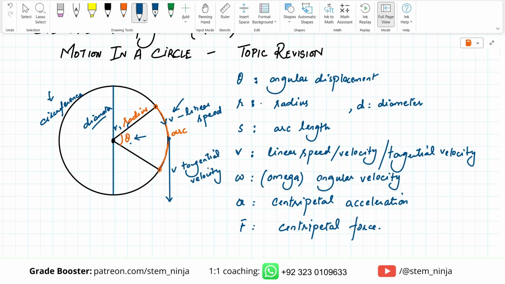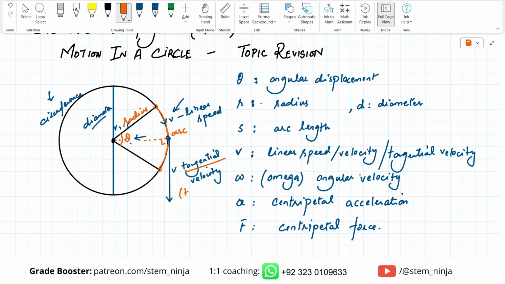So speed is the same, but since we're talking about it in terms of velocity, this would be this. And if you haven't noticed by now, this is tangent to this circle, and we know from circle properties that it will be at 90 degrees to the radius. We will explain what the tangential velocity is in a second.